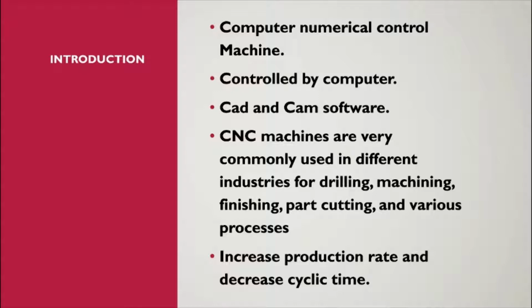CAD is computer aided design, which is used to make the 2D and 3D designs that we require, and CAM software is used to convert the design into the part program. CAM is the full form of computer aided manufacturing.